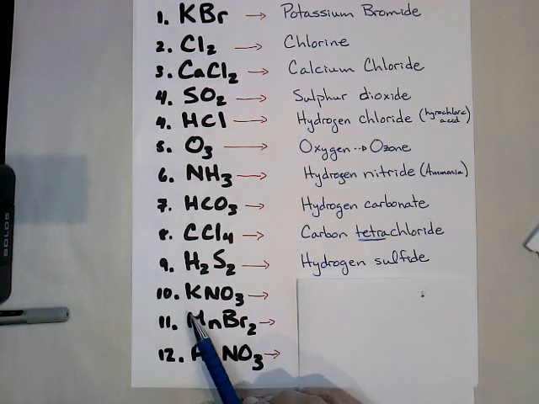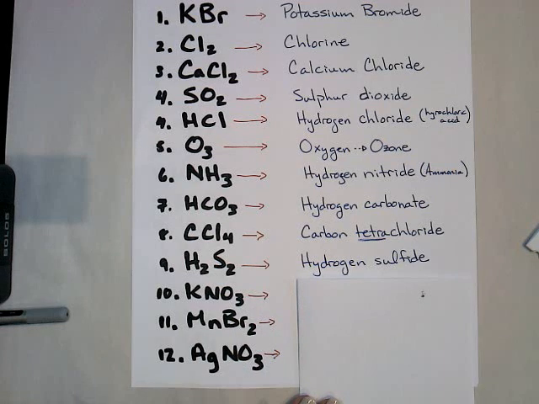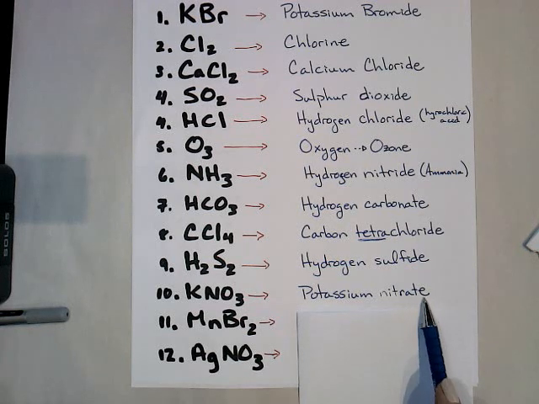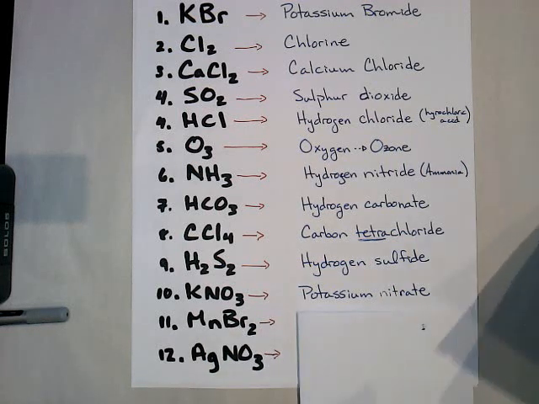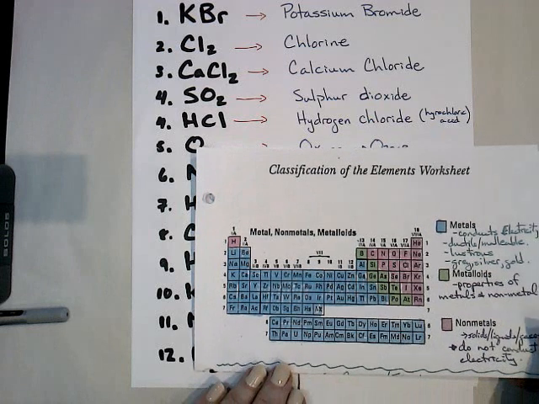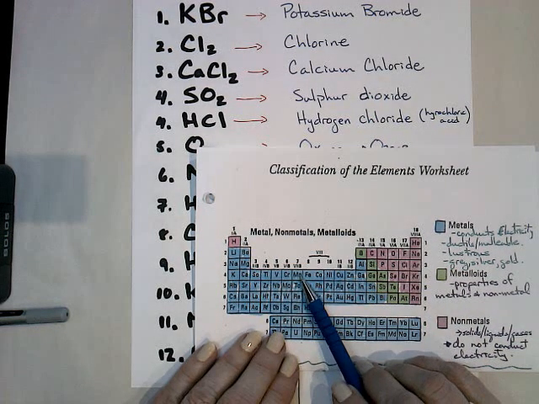So what do you think about this one? KNO3. Think in your head for a second. What is that going to be? It's going to be potassium nitrate, and the 3 denotes the oxygen. MnBr2. I wouldn't be surprised if you need to bust out your periodic table. Probably you need the textbook one to find Mn.